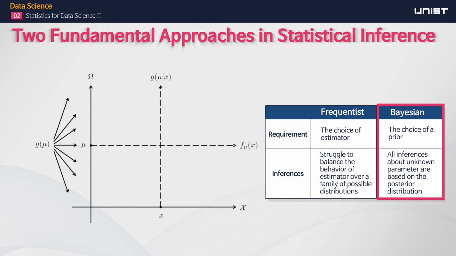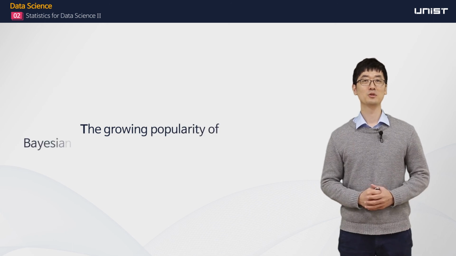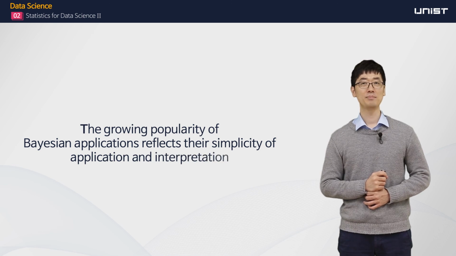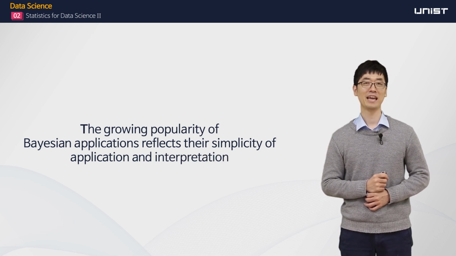Having chosen g over mu, only a single probability distribution g over mu given x is in play for Bayesians, while frequentists must struggle to balance the behavior of t, the estimator, over a family of possible distributions, since mu is unknown. Today, the growing popularity of Bayesian applications reflects their simplicity of application and interpretation.